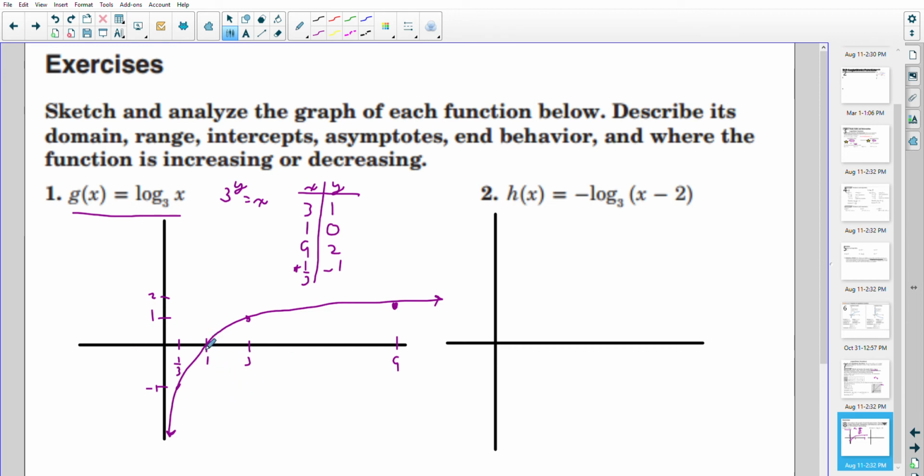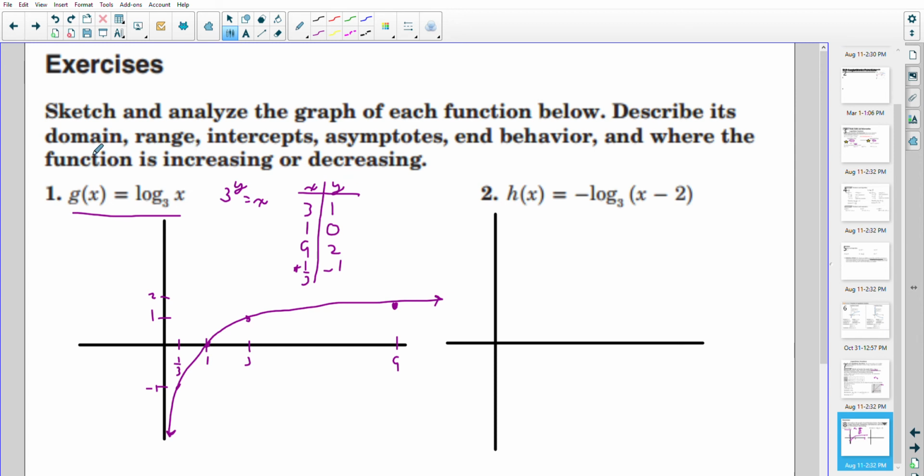So that would mean that it's going to come up like this and go down. And then if you had a subtracting 2 off the x, that means it's going to go to the right 2 units. So you could translate this one to get to the second one.